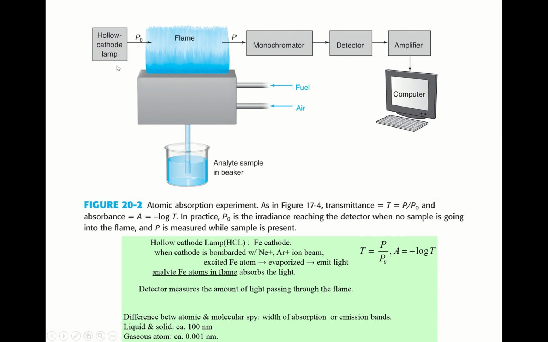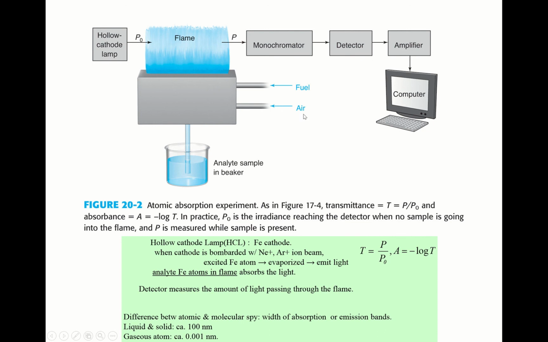Anyway, light from the hollow cathode lamp now enters this flame. This flame is quite linear. The distance from here to there is about 10 centimeters. Samples are aspirated from here, and then go into this flame.